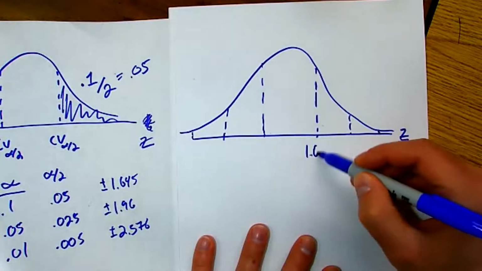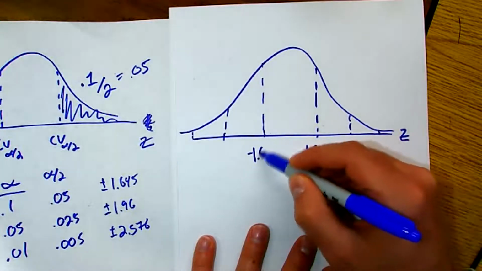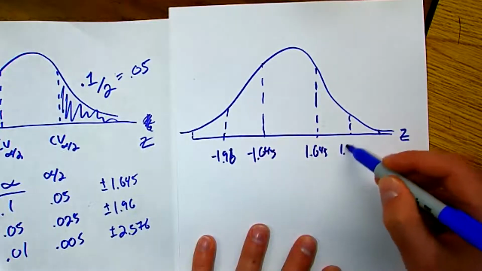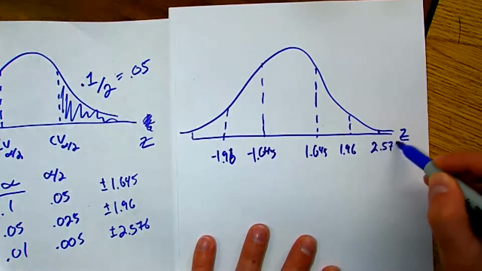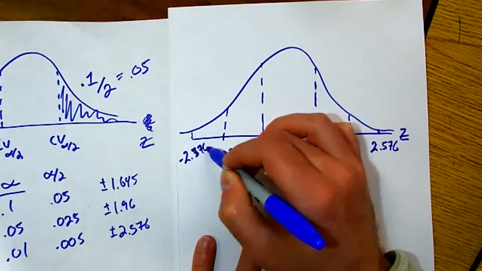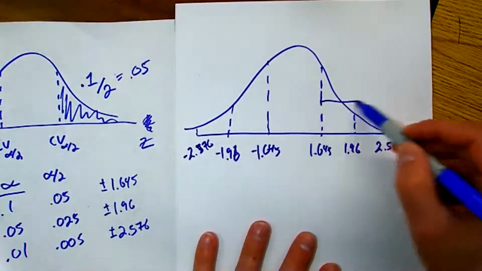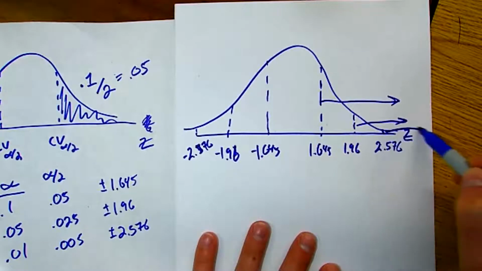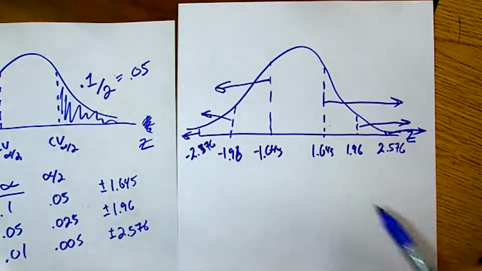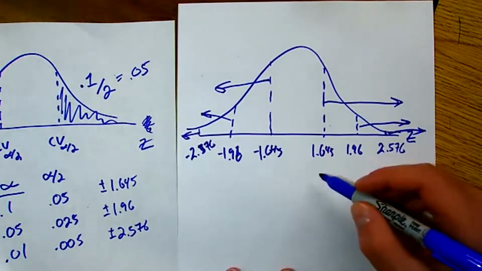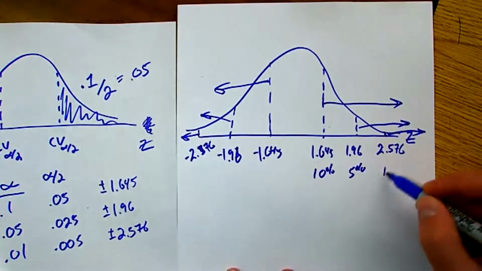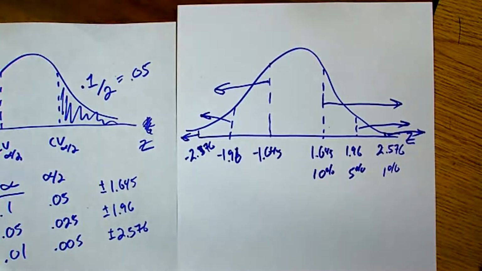So this is 1.645, negative 1.645, negative 1.96, 1.96, 2.576, negative 2.576. My rejection regions, right? So I've got a pair of critical values at every single level. I draw in my rejection regions, which is the area that's more extreme than those critical values. I can remember this corresponds to 10, 5, and 1% significance level.